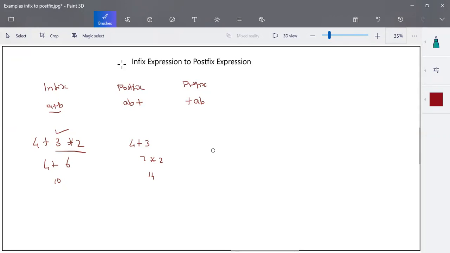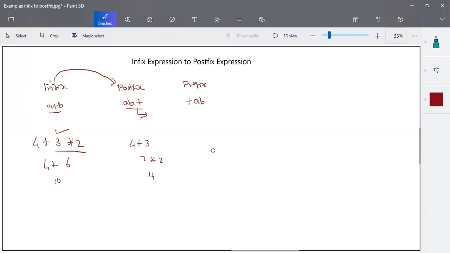So there should be a proper way of evaluating the expressions. For postfix expressions, there is an algorithm for simply evaluating the expression. So an infix expression has to be converted into a postfix, and this postfix expression can be evaluated easily.